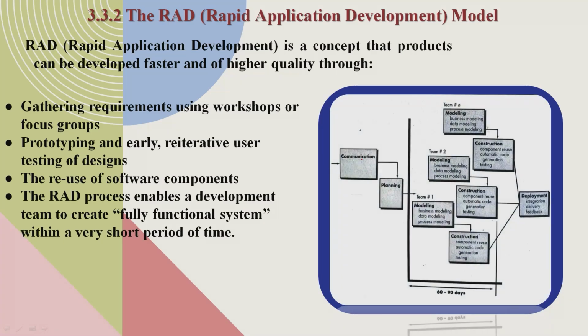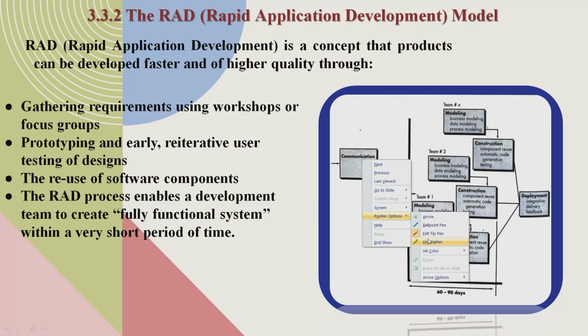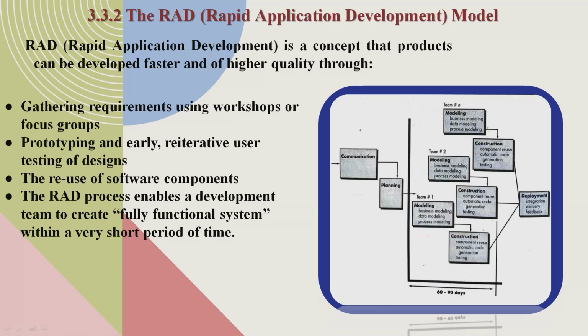So here is the diagram for rapid application development. First you can see the communication part, followed by the planning part.